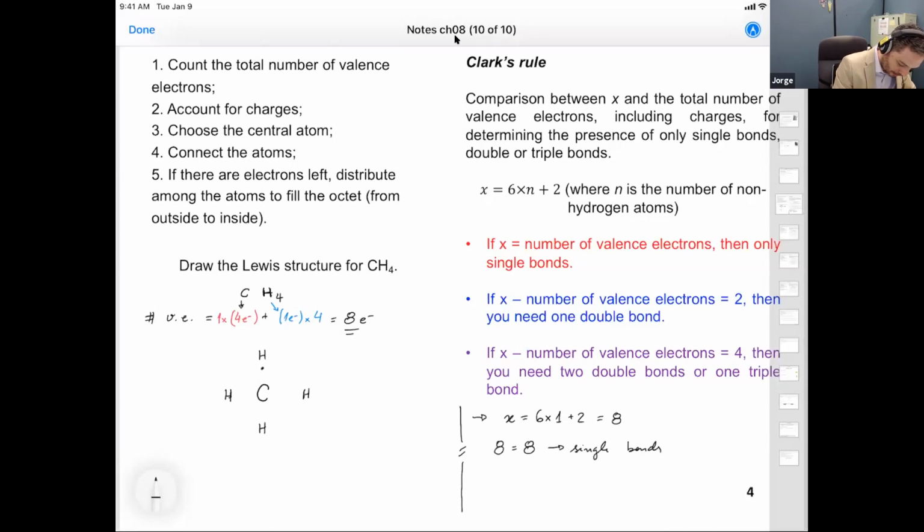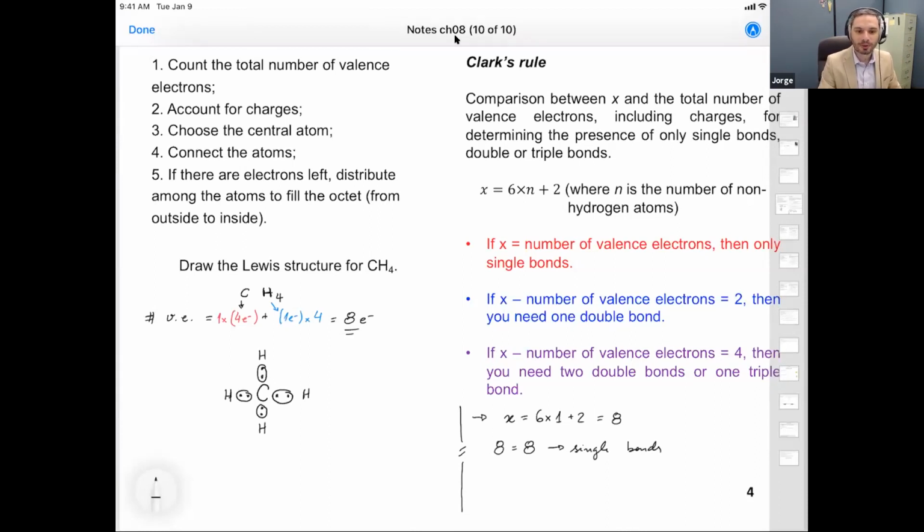Single bond means that 2 electrons are shared, 1, 2, 3, and 4, 5, and 6, 7, and 8. Okay, so the single bonds use 8 electrons, which was what we started with. So therefore, there are no leftovers of electrons. So we stop here.